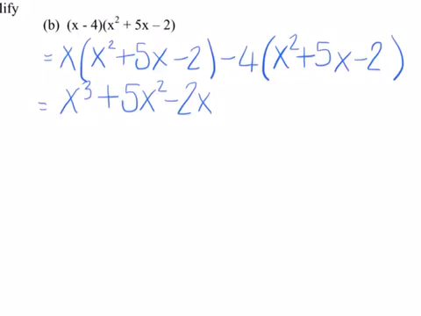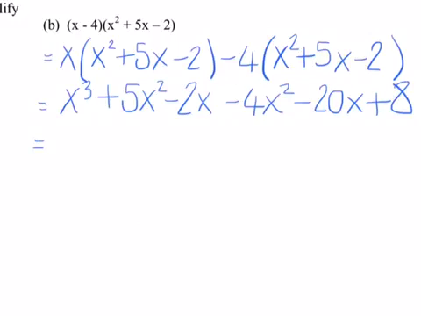Moving on to the second one, we have negative 4 multiplying the second bracket, so negative 4 times x squared is negative 4x squared. Negative 4 times plus 5x is minus 20x, and then negative 4 times negative 2, a negative times a negative is a positive, and 4 times 2 is 8.